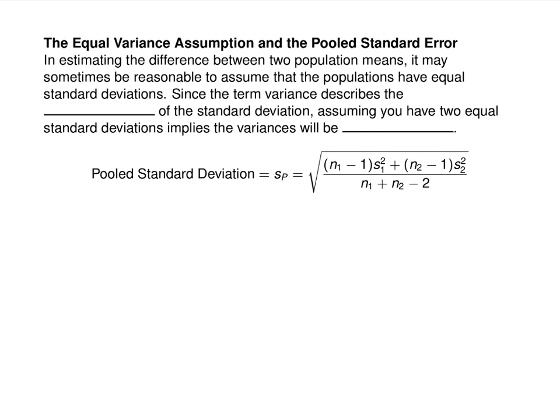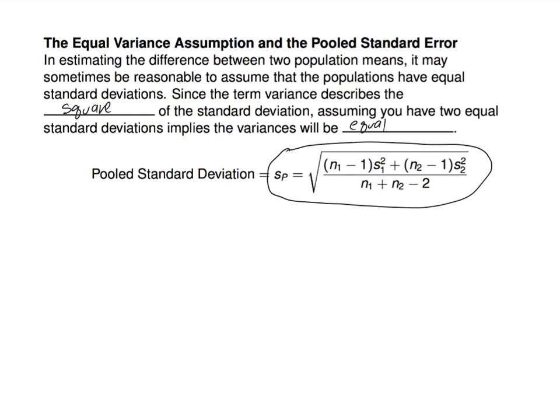Sometimes it might be reasonable to assume populations actually have equal standard deviations. And since the variance describes the square of the standard deviations, these two variances will be equal. So what this formula does is gives you this pooled standard deviation to work with.